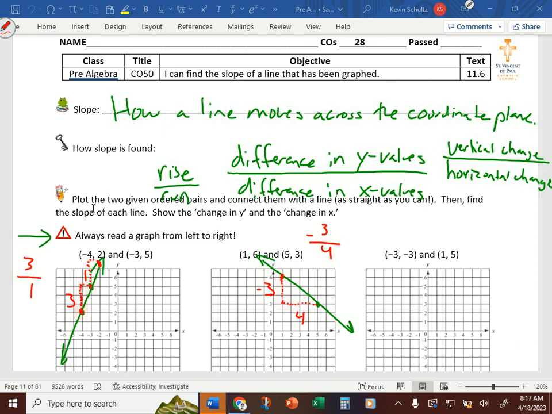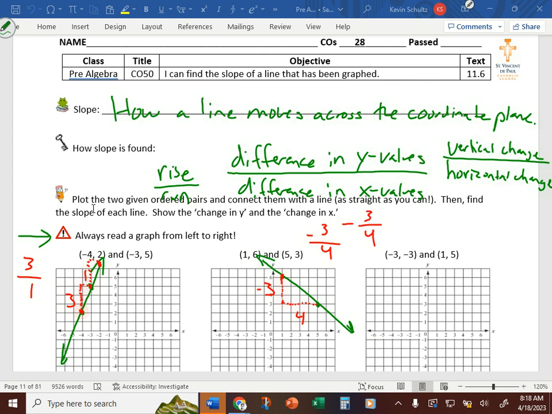That's okay. If you want to put that negative sign just out front, right? So it's kind of more in the middle, okay? Negative 3/4, that's fine too. It doesn't make a difference. You can put it with the numerator only or in front of the fraction as a whole. Either way is fine. But that describes how the line moves across the coordinate plane, down 3, right 4.